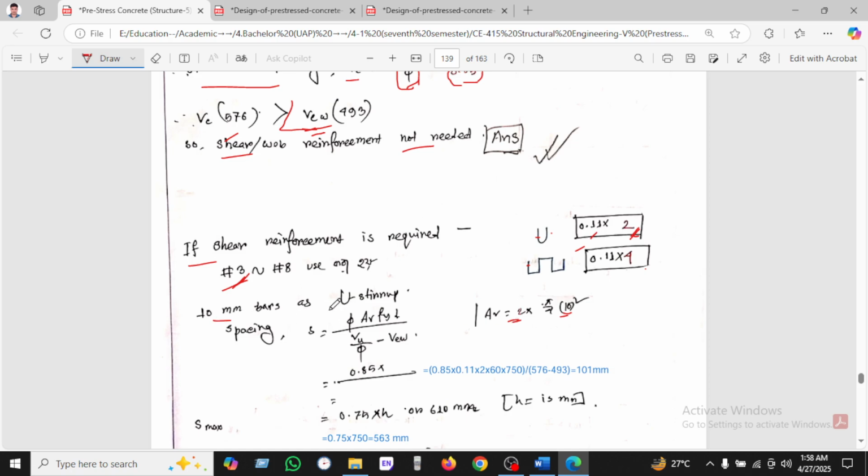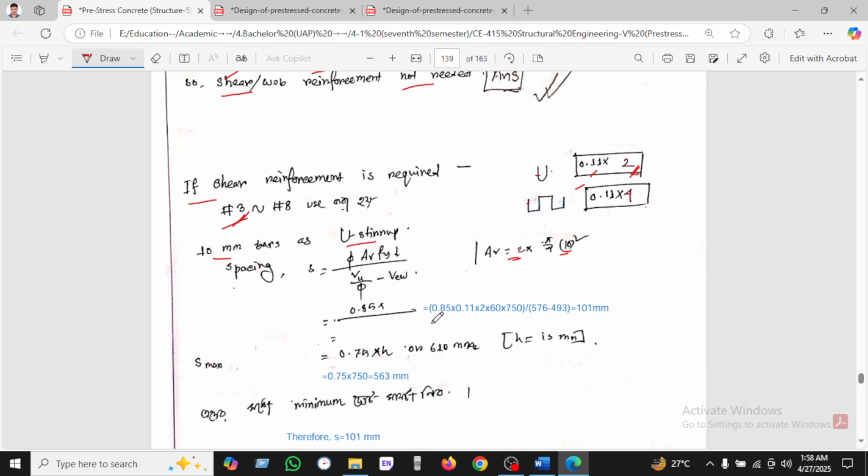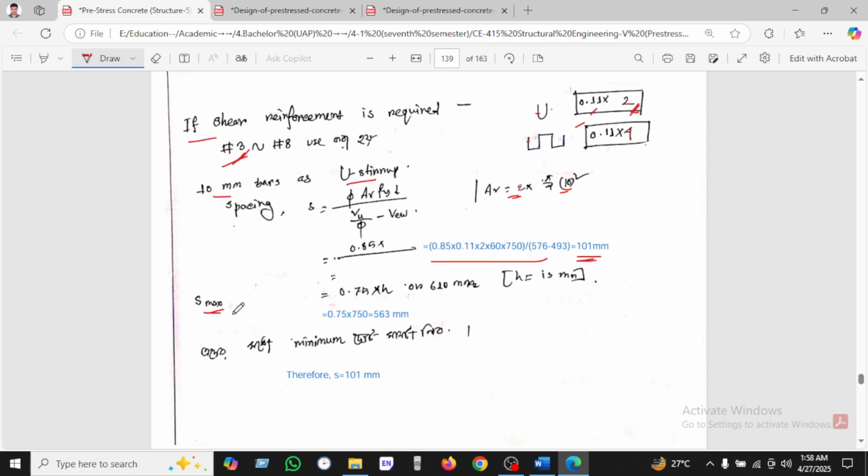So with 10 millimeter bars, we are using a 2-leg stirrup, and for the spacing we use this formula, and after putting in this value we found the spacing 101 millimeter, and the other, the maximum, is 0.75 into x, which is 563 millimeter. So between 1 and 2 the minimum is 101 millimeter, so we can use 101 millimeter.